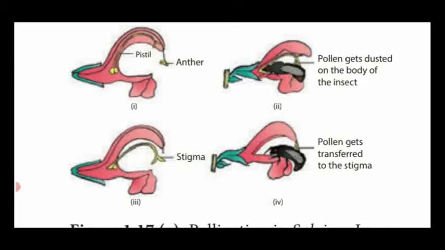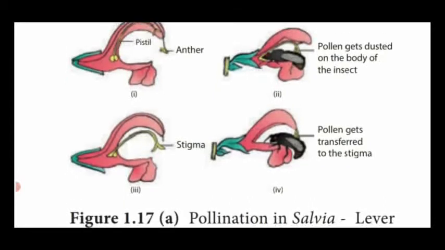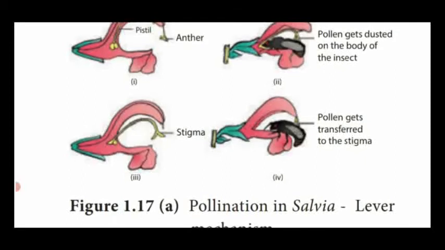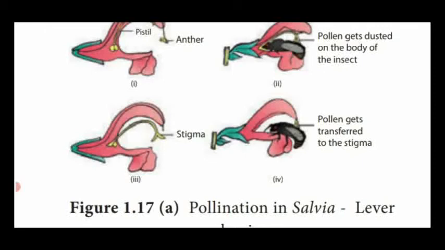Once the pollen grains are deposited on the back of the bee, it enters another flower and the pollen grains strike the stigma of the other flower. Thus, cross-pollination takes place by lever mechanism in the salvia plant.